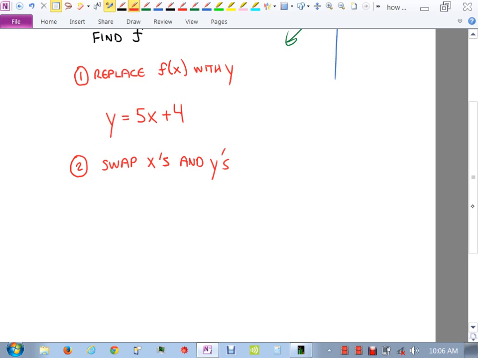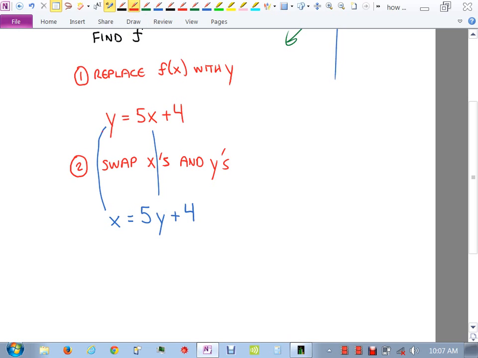Why do you think I would do that? Yeah, because remember in the graph we said our inverse, every x becomes the y and every y becomes the x? So that's what I'm doing. I'm going to force my y to now become an x. And then I'm going to force my x here to become a y. So my equation, nothing else changes. It's just the y becomes x, the x becomes y.